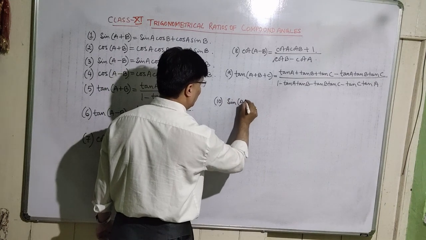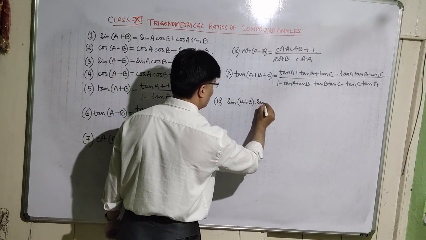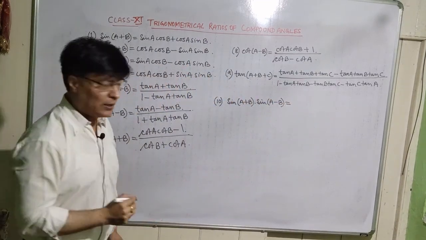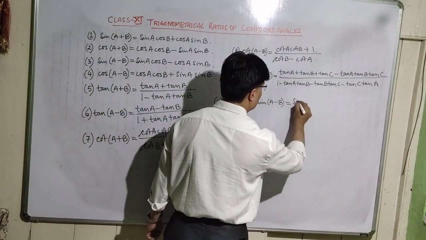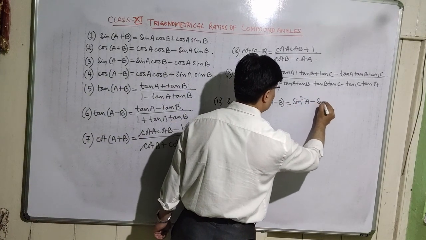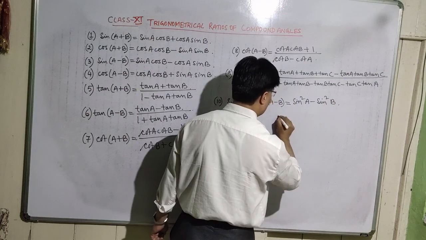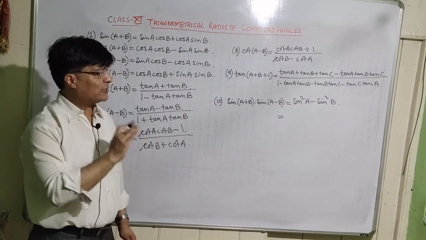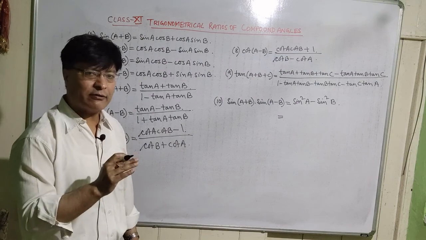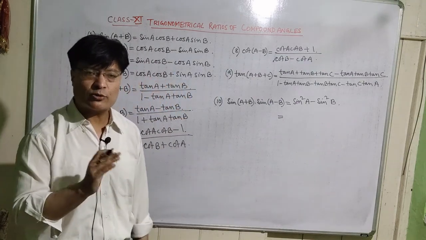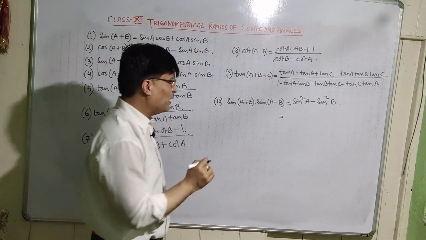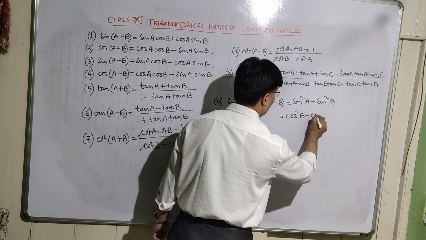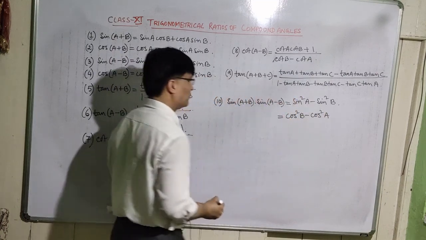Sine of A plus B into sine of A minus B, which is equal to, its formula will be sine square A minus sine square B, or you can convert this sine square A into cos square A and sine square B into cos square B by writing 1 minus cos square A and 1 minus cos square B. And if you simplify it, you will get cos square B minus cos square A. Is that clear?